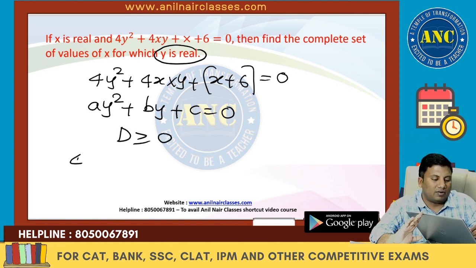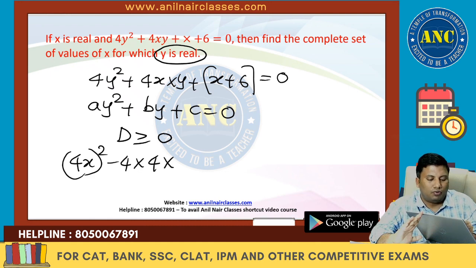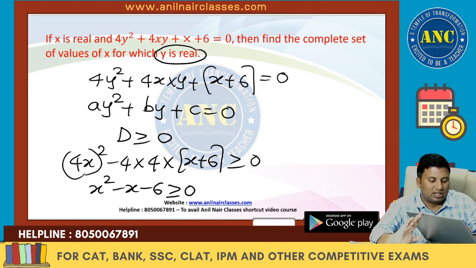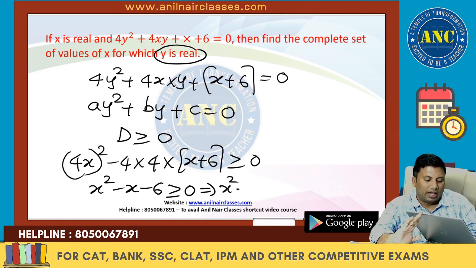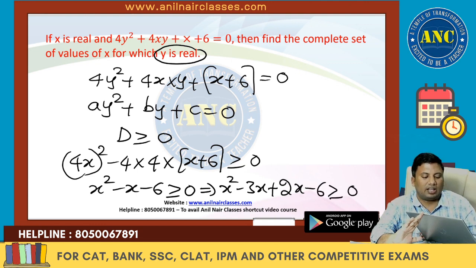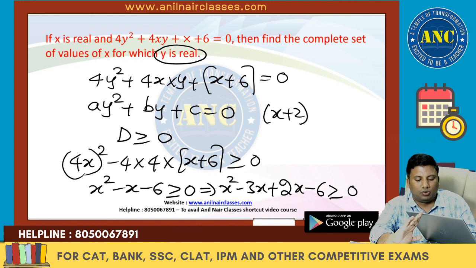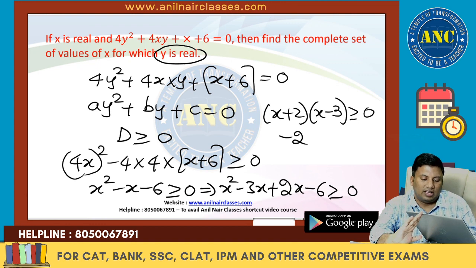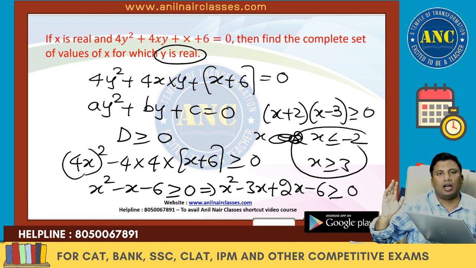Discriminant greater than or equal to 0. 4x whole square minus 4 into x plus 6 greater than or equal to 0. x square minus x minus 6 greater than or equal to 0. x square minus 3x plus 2x minus 6 greater than or equal to 0. x plus 2 into x minus 3 greater than or equal to 0. x is less than or equal to the lesser value, or x is greater than or equal to the greater value.